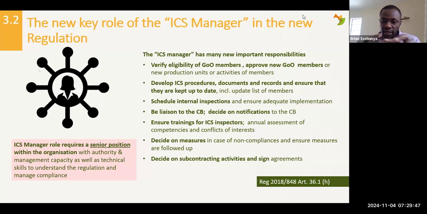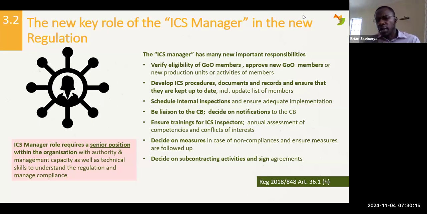There should be, and we shall see in the standard, there has to be in the procedures, how non-compliances are handled and what measures are taken against which non-compliance. That one has already to be documented. So if that is documented, then when somebody violates, there is no negotiation of what measure you do. It's all documented. So that's all the role of the ICS manager.